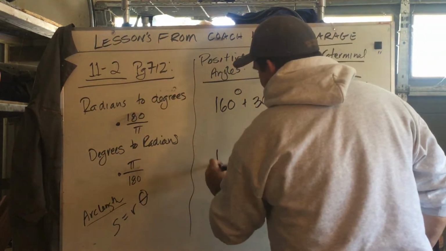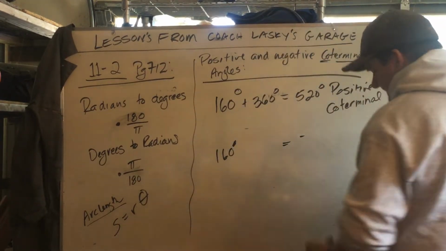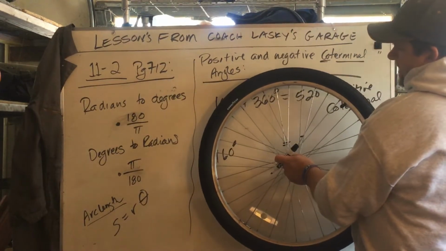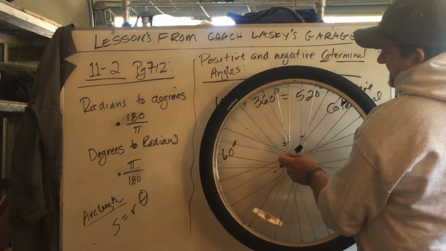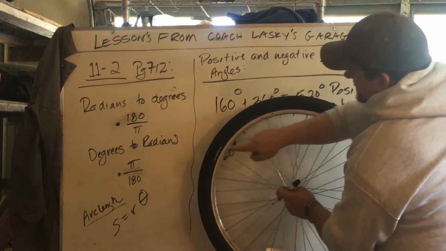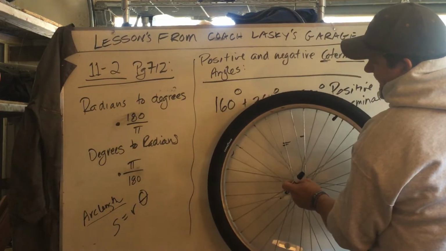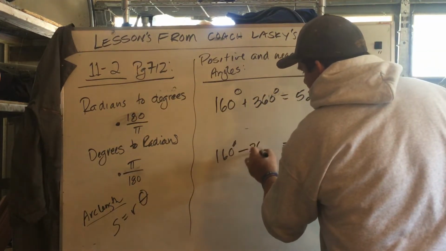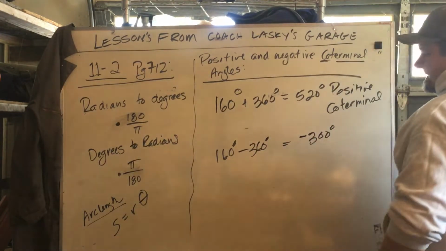Now, if I want a negative one, that means my answer has to be negative. How do I go negative? Well, I go backwards. That was forwards. So here's my 160, right here at the Goodyear. I'm going to spin it backwards and stop it right there. I went backwards 360 degrees.